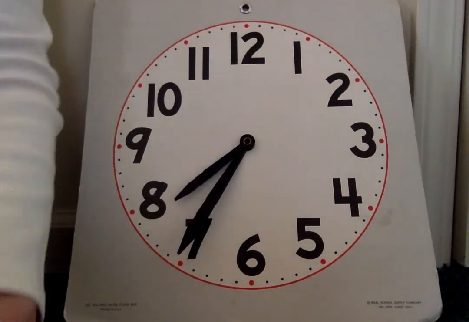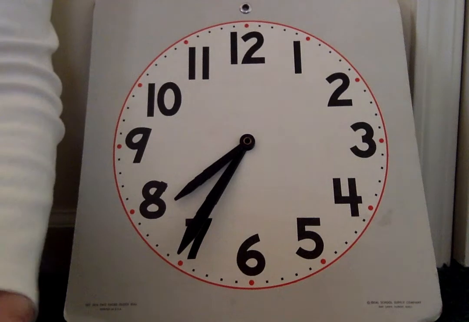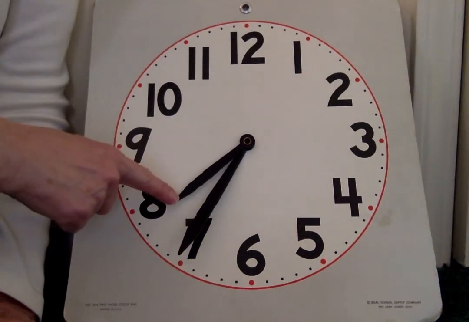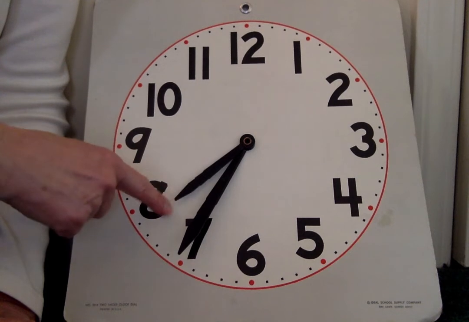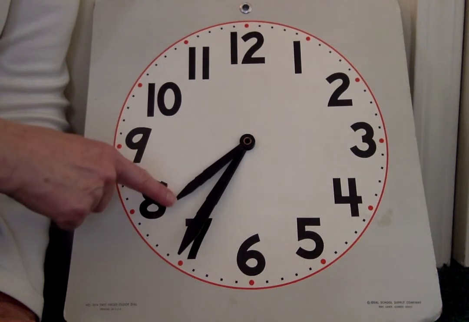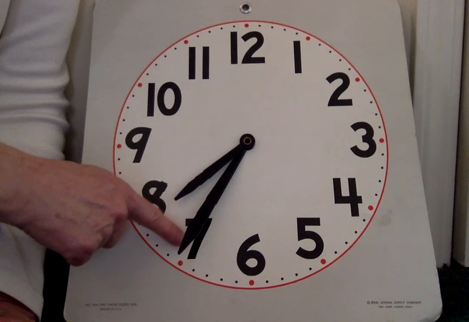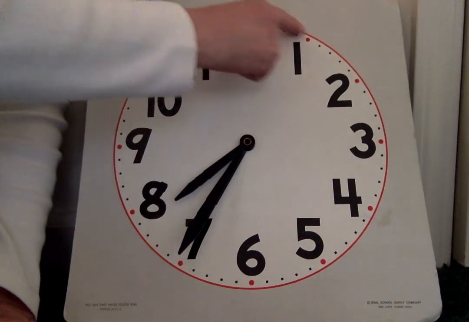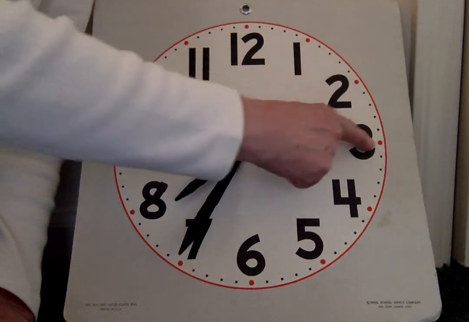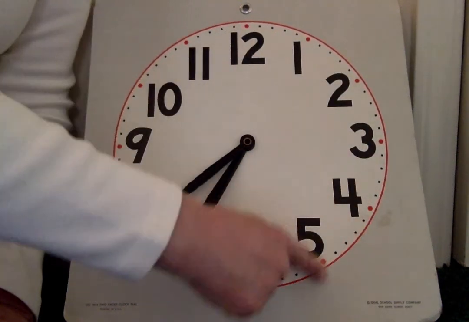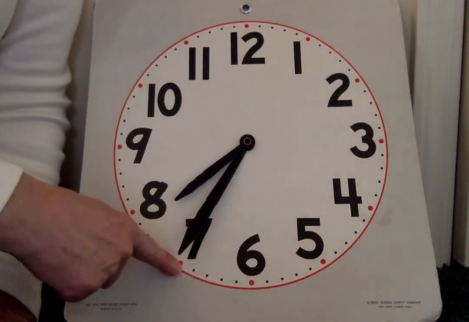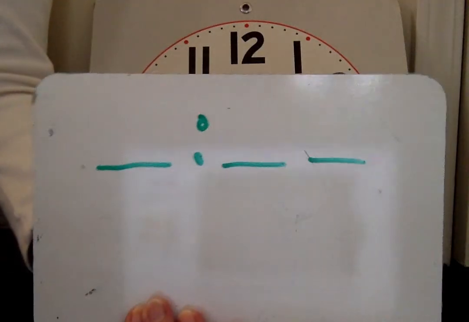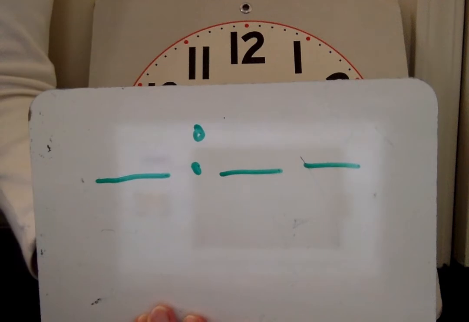What's another way to say that time? It's not yet 8, so baby's not all the way to 8 yet. But she's going to 8. So she was just at 7. So it's how many minutes after 7? Let's count. 5, 10, 15, 20, 25, 30, 35. So it's 7:35. Write it in the way it should look.